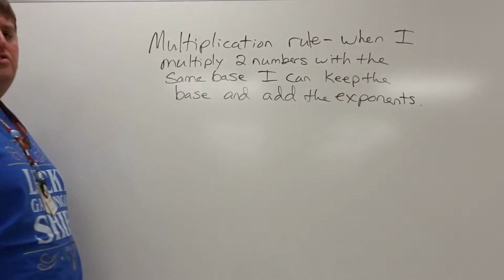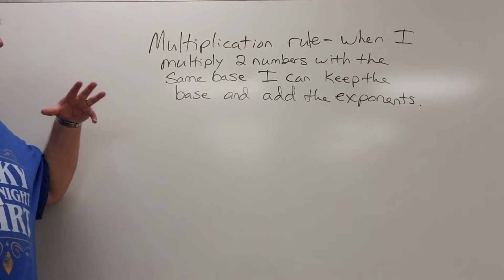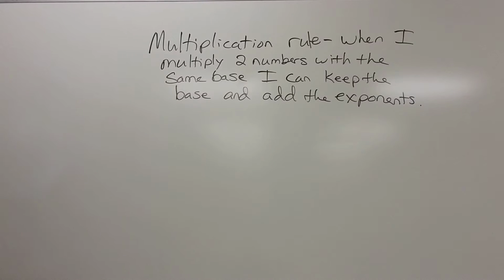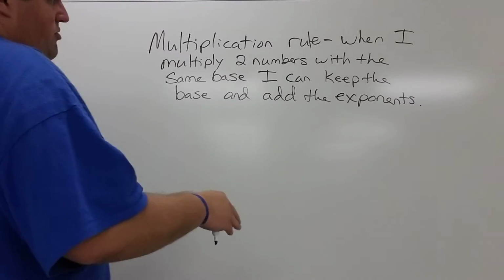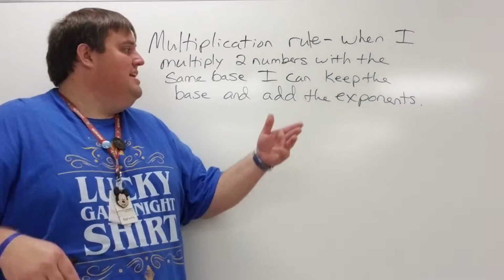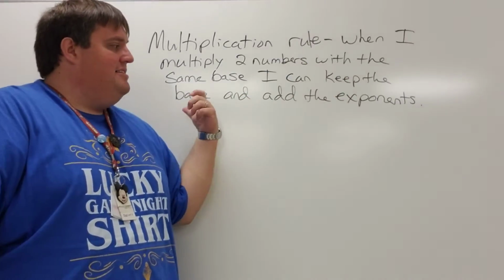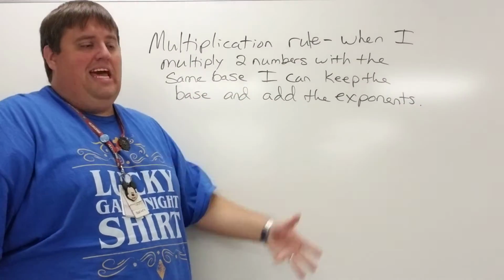So the multiplication rule says that when I multiply two numbers with the same base, it only works when I'm multiplying. It only works if two numbers have the same base. But if they do, then I can use this rule that says that I would keep the base and I would add the exponents instead.